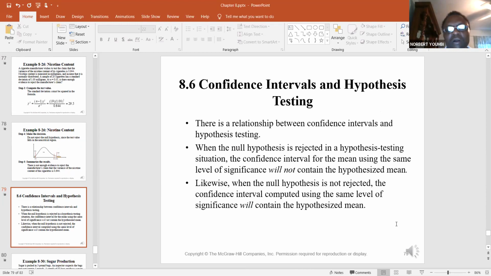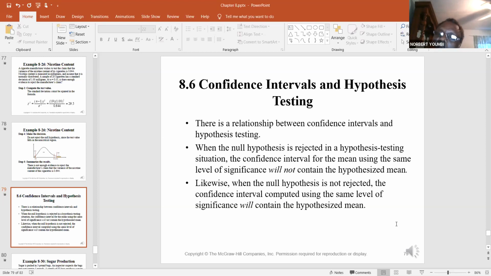We can also test hypothesis using a confidence interval. Usually I don't ask you a question about that. But what that actually means is that when the null hypothesis is rejected, the confidence interval of the mean using the same level of significance will not contain the hypothesized mean.